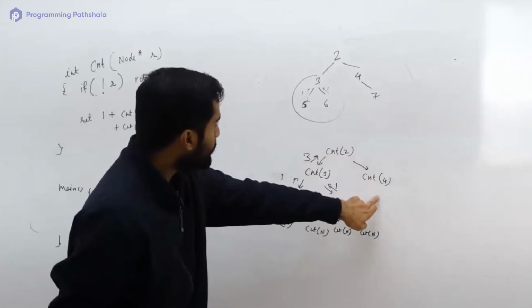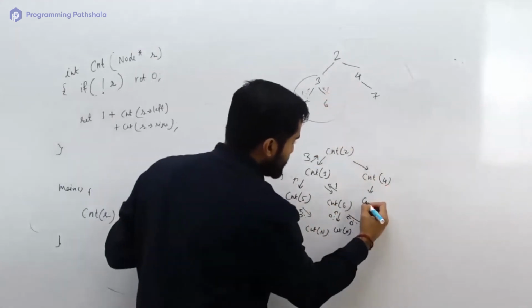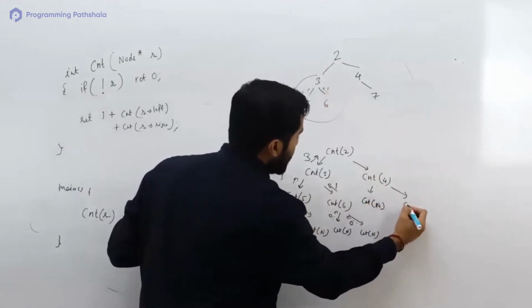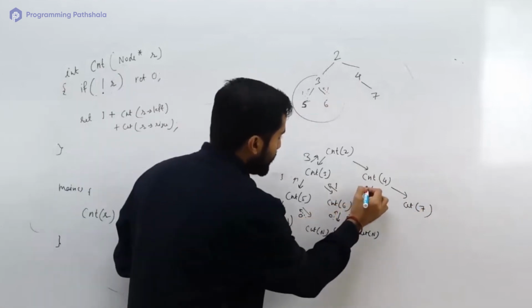Similarly, when count of 4 is called, you will first call count of 4 left, which is null, and then you will call count of 4 right, which is 7. At null, again, you will return 0.